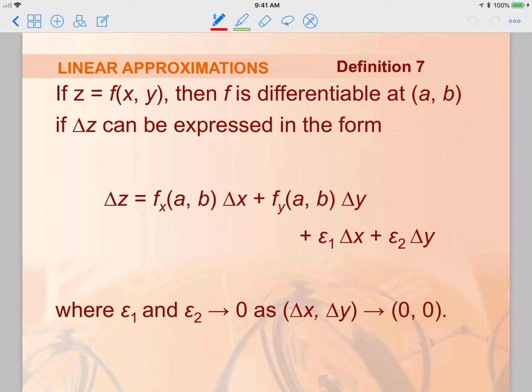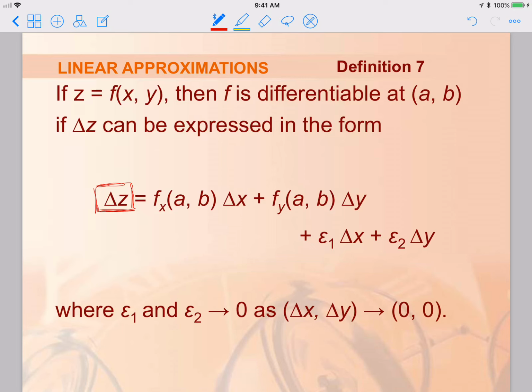So we're going to extend that for our definition of a function of two variables being differentiable. We're looking at that increment delta z. That is going to be the difference between f of a comma b and f of a plus delta x comma b plus delta y. Okay, so that's our increment.